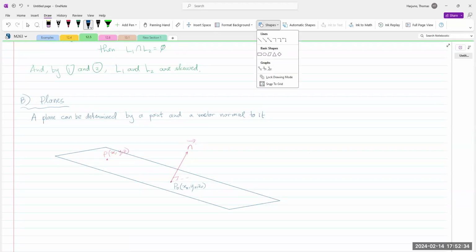If I pick a vector from P naught to P, notice that this P is any point on the plane, a random point on the plane. Then vector P0P, this vector here, must be x minus x naught, y minus y naught, z minus z naught.